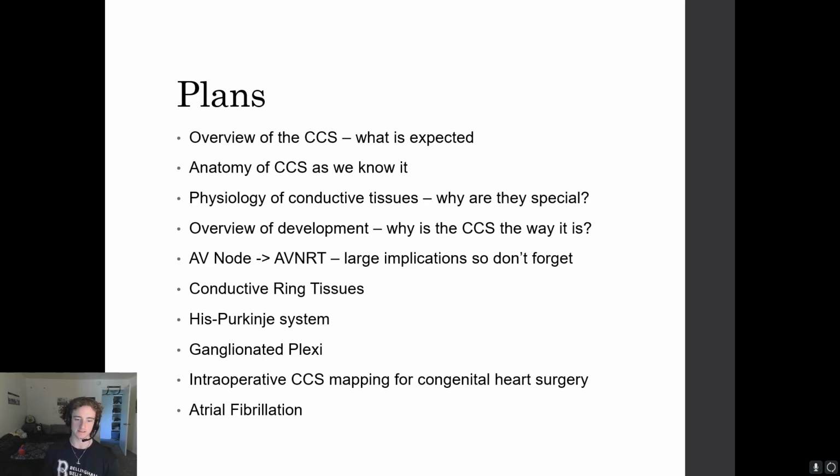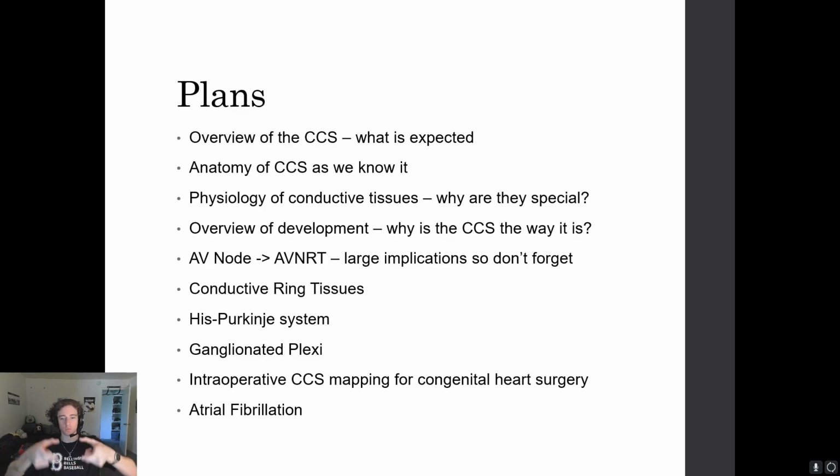After that, we'll be talking about these conductive ring tissues. These are extra weird sites of conductive tissue that are not part of what we learn. It's not even touched on. You'll never hear about this. It's just these extra sites that have to do with the AV node, these extensions.